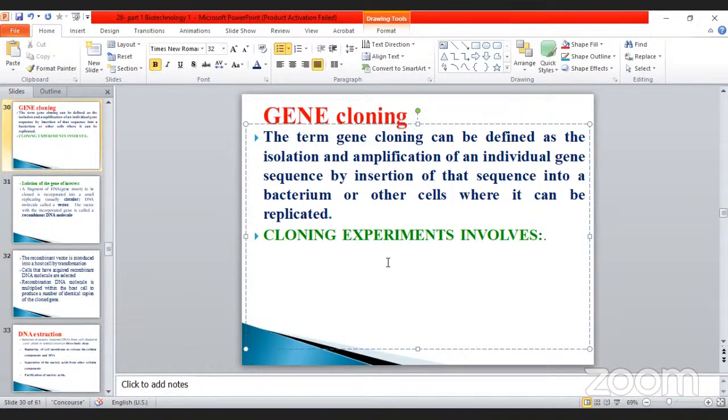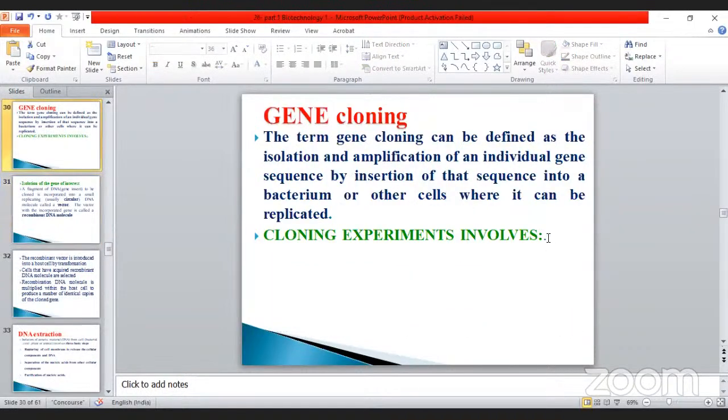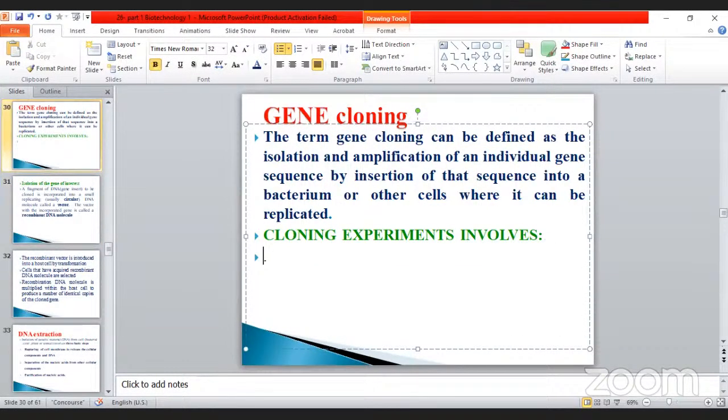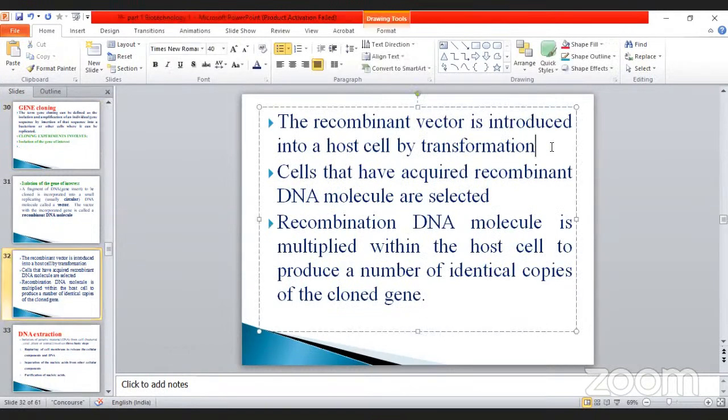What does a cloning experiment involve? First, you have to isolate the gene of interest. Then the recombinant vector is introduced into the host cell by a process called transformation, gene transfer from one organism to another, selected one.